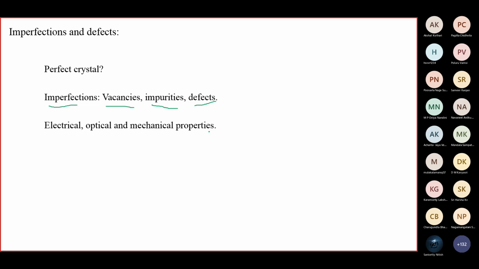So the final performance of the device depends on imperfections to a large extent. So we have to be very careful when we select a material. These vacancies, impurities, and defects are bound to happen in all types of crystals, and it depends on the growing or fabricating conditions. You vary the temperature, pressure, or environment, and they vary.